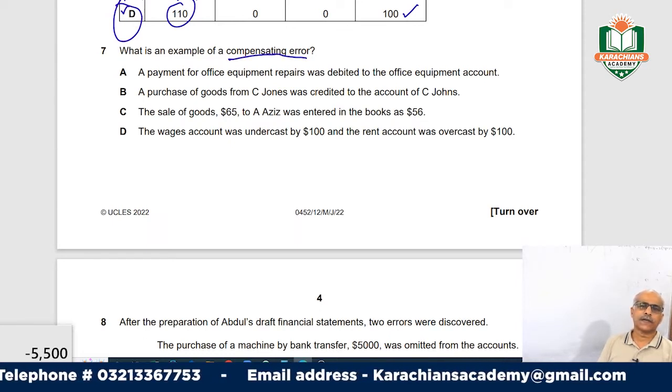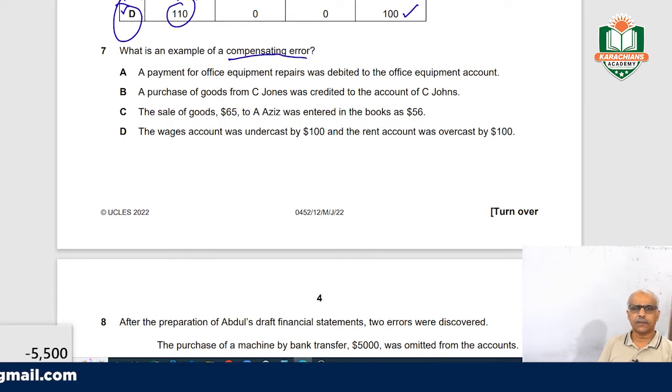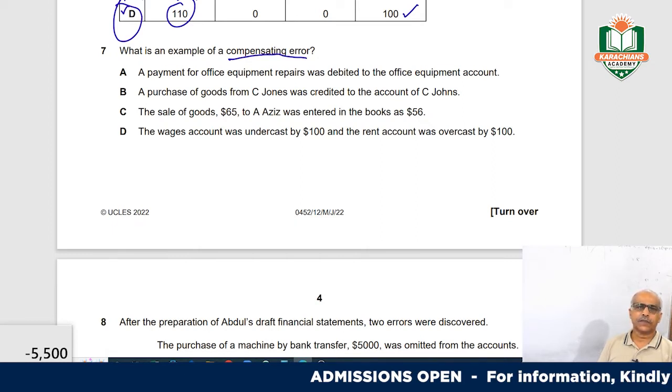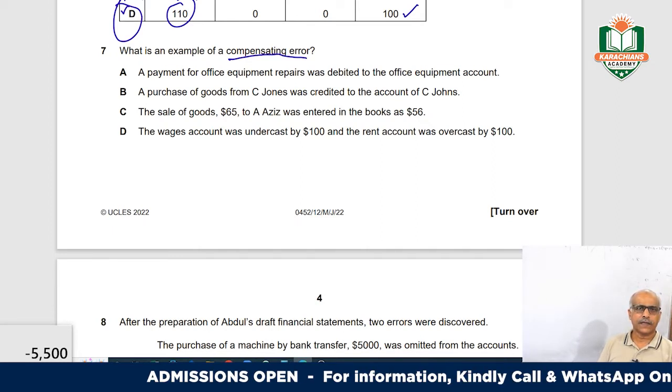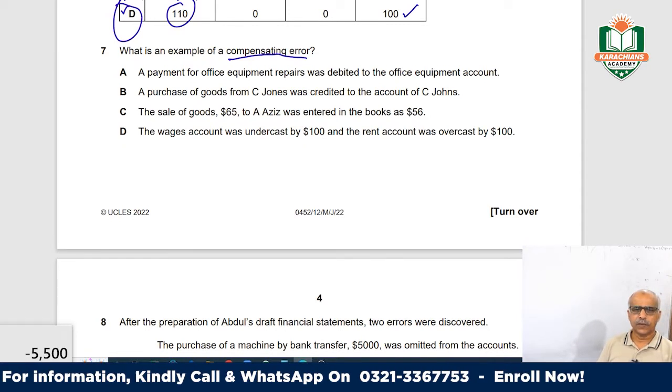Compensating error is one which does not affect the balancing of your trial balance. The debit side and credit side of the trial balance remain the same, so there is no difference in the balances.